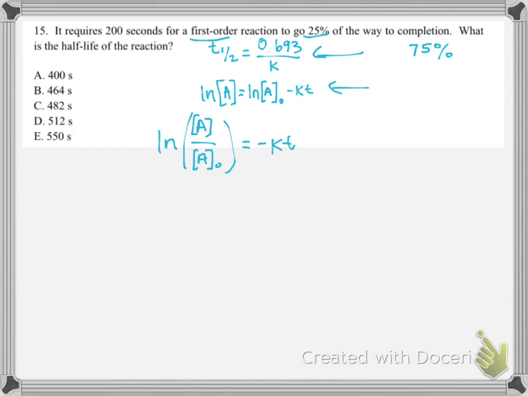And that A over A naught is going to be equal to 75%, because we still have 75% of our initial 100%. So ln of 0.75 is equal to negative kt, and they say in the problem that t is 200 seconds.